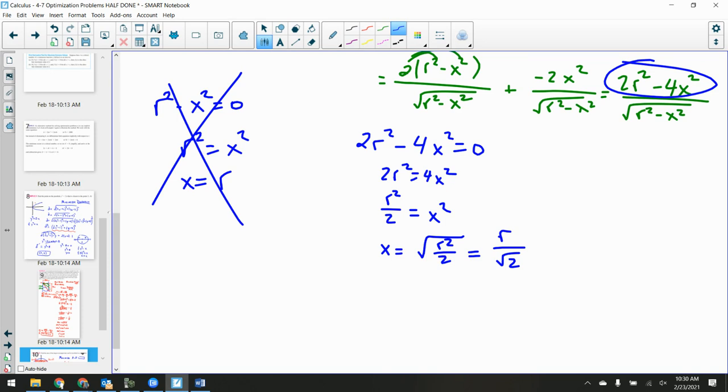It says to find the area. Well, the area is, what did we say? It was 2x square root of r squared minus x squared.